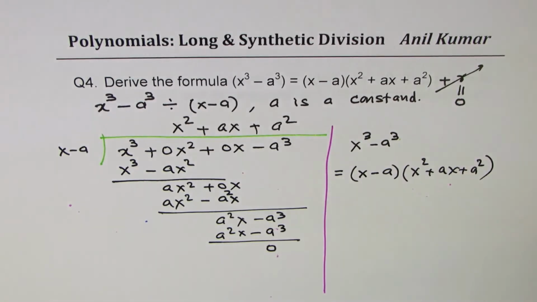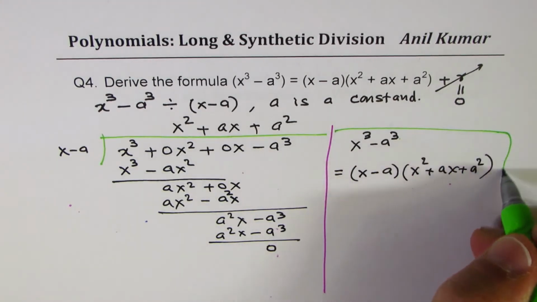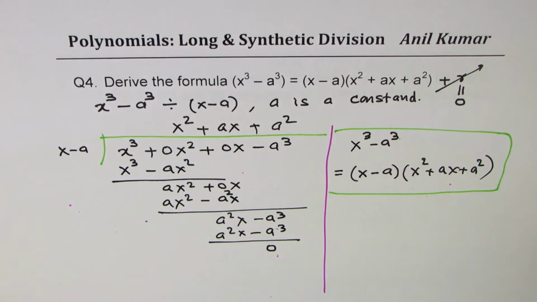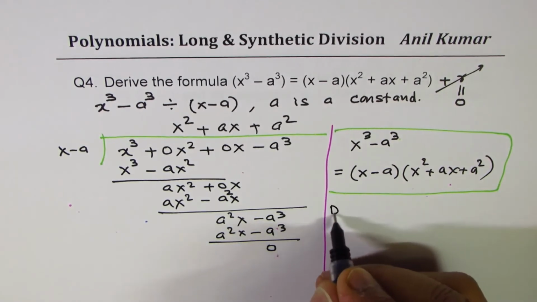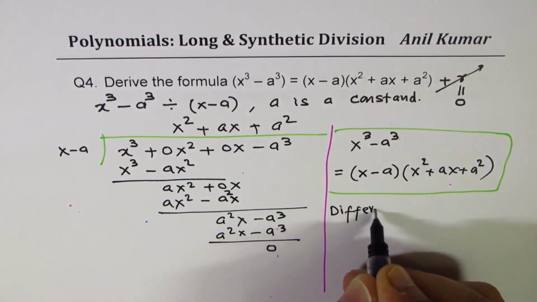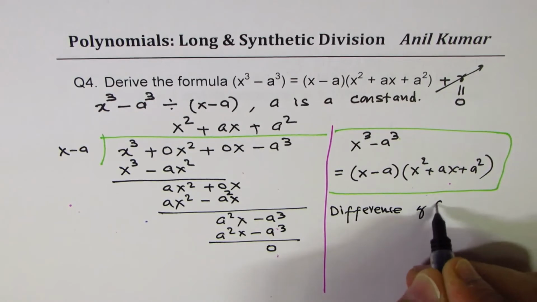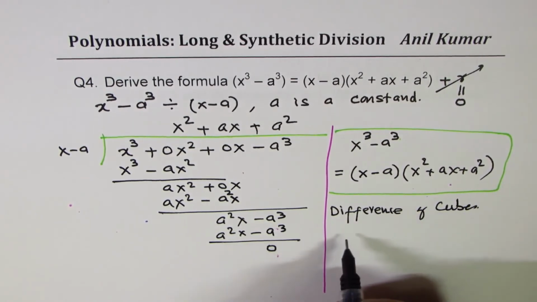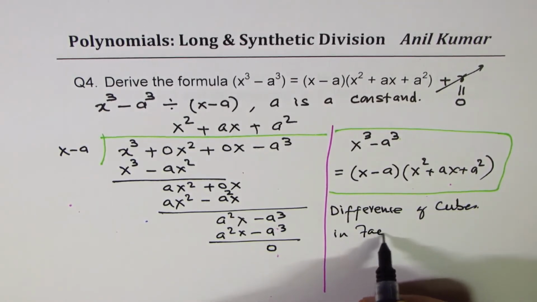Perfect. So that is how you have to do it. I hope the steps are absolutely clear. Now we are going to use this formula, which is also called the difference of cubes, in factoring.